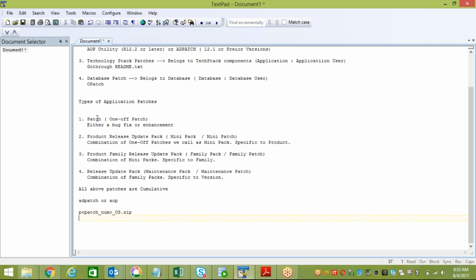When you download the one-off patch, or the mini pack, family pack, or maintenance pack, whatever patch you download, you would be getting in this format. Sometimes you would be seeing it is OS specific, fine. Otherwise, you will be getting generic, so you can apply that particular patch to any of the operating systems.